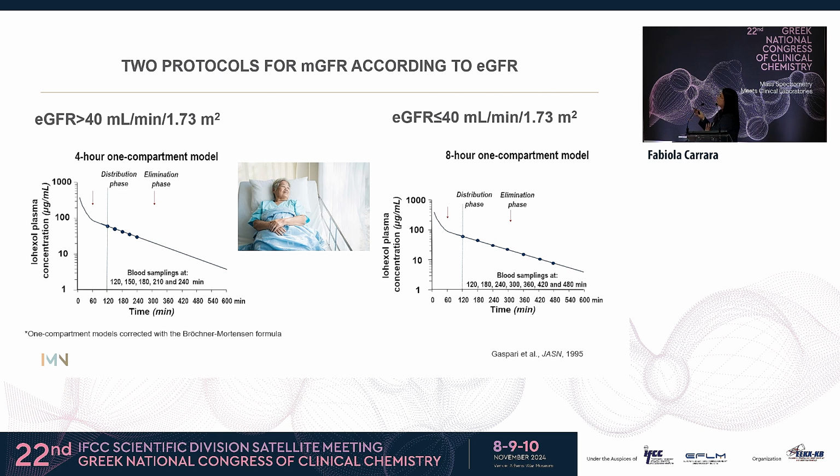So we validated 2 protocols to measure GFR according to estimated GFR. For patients with estimated GFR higher than 30 milliliters, we collect 5 blood draws from 120 minutes up to 4 hours, so every 30 minutes, while for patients with estimated GFR less than 40, we must extend the procedure from 4 hours to 8 hours, because due to the renal impairment, iohexol accumulates in the blood.